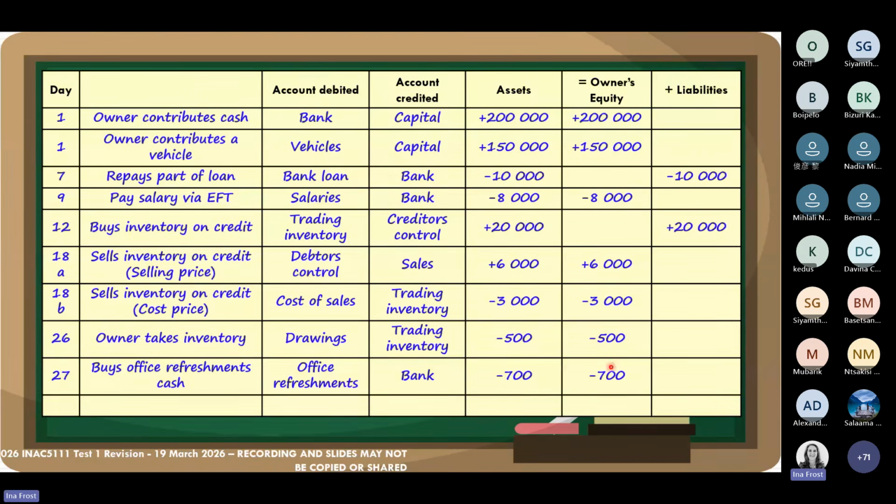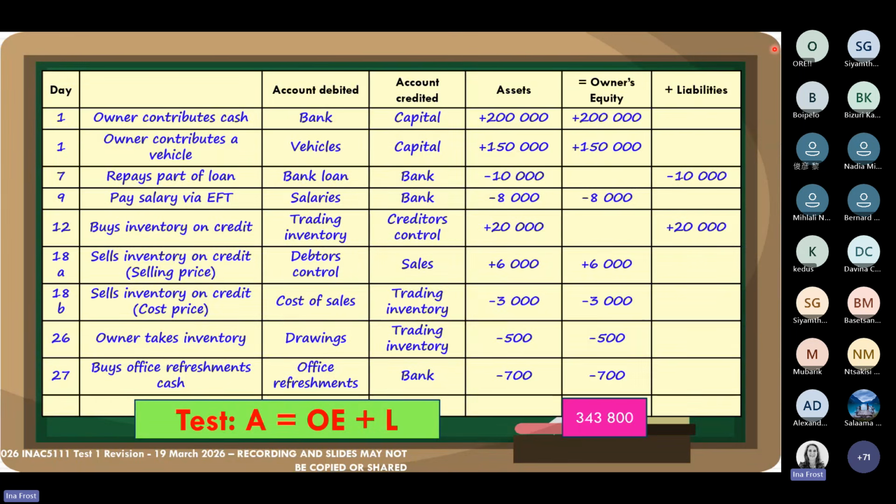Now, when you've completed all the transactions given to you in a specific question, I always recommend that you just do a quick test and double check: are my assets actually equal to my owner's equity plus liabilities? So let's quickly check if we did all our transactions correctly.